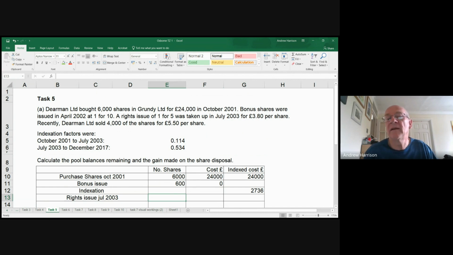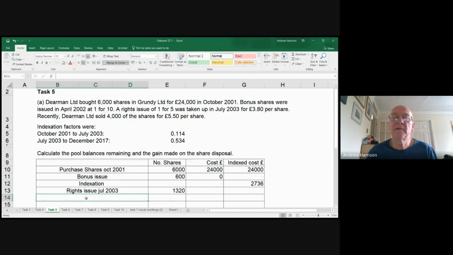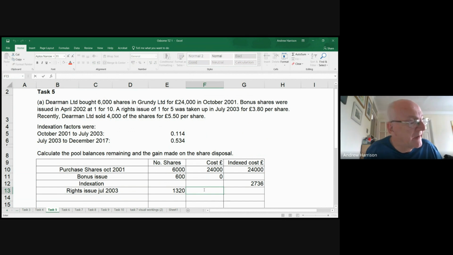Again, they're allowed to buy at a discount 1 share for every 5 that they've got. They had 6,600 shares at the time. So they get 1,320 shares maximum. So fully taken up. Rights issues aren't always fully taken up.